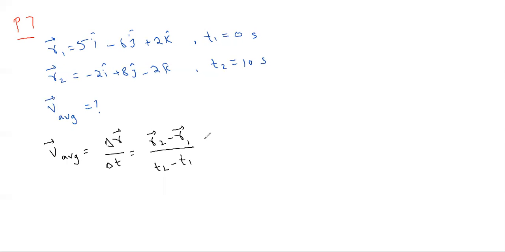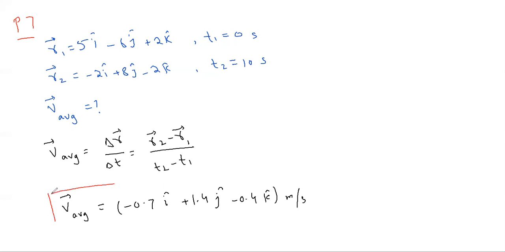So by putting all of these values here, you get the required answer. So V average will then be equal to minus 0.7 i hat plus 1.4 j hat minus 0.4 k hat in units of meter per second.